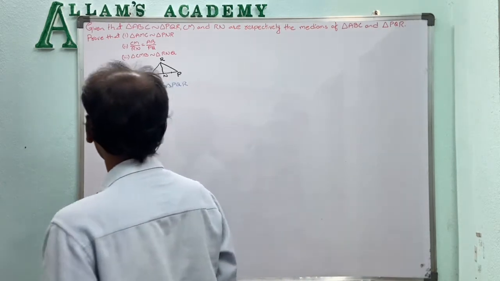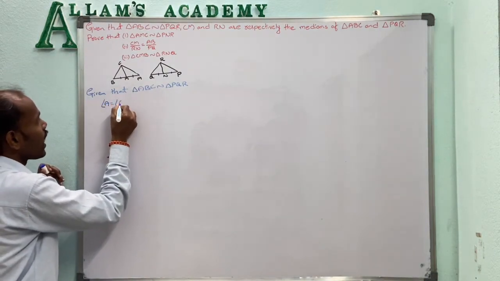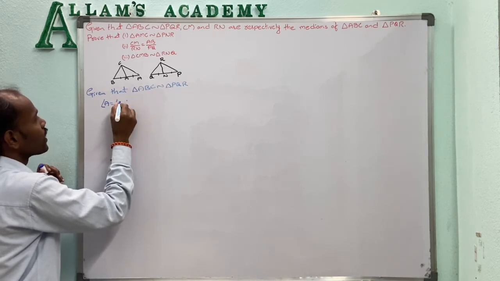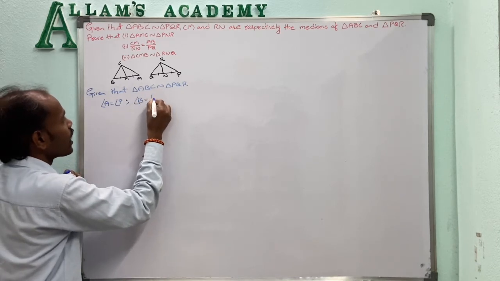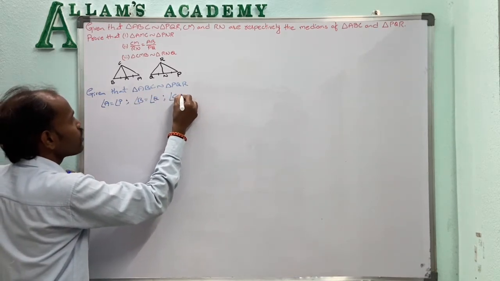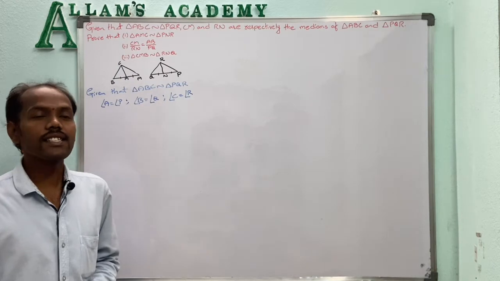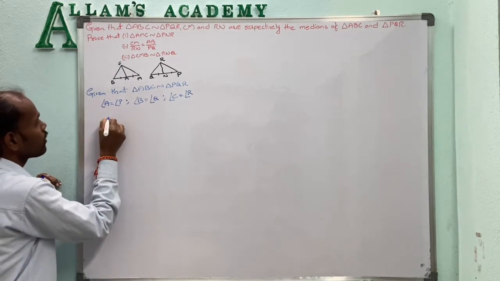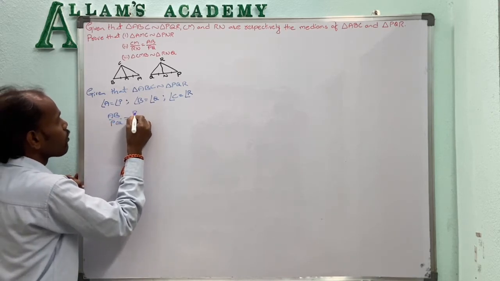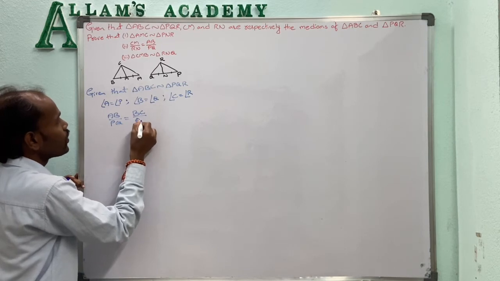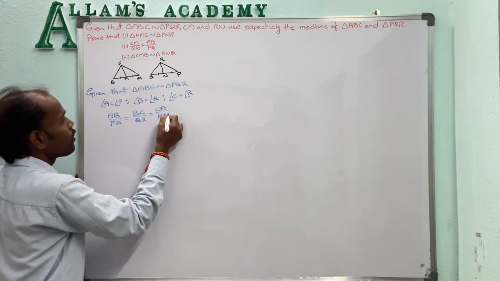So angle A corresponds to angle P, angle B corresponds to angle Q, angle C corresponds to angle R, and the sides ratio AB by PQ equals BC by QR equals CA by RP.